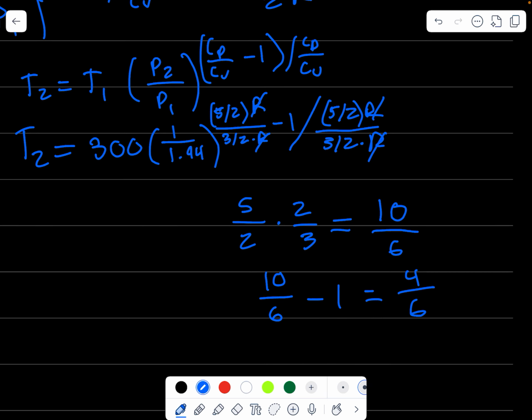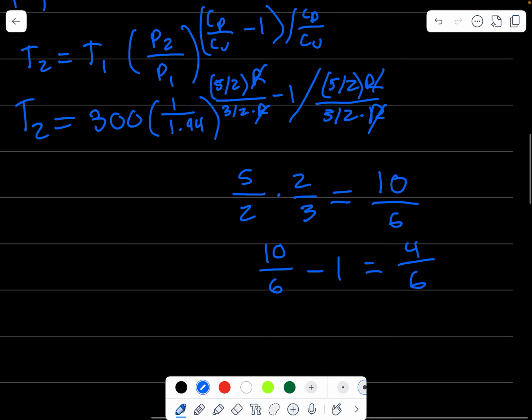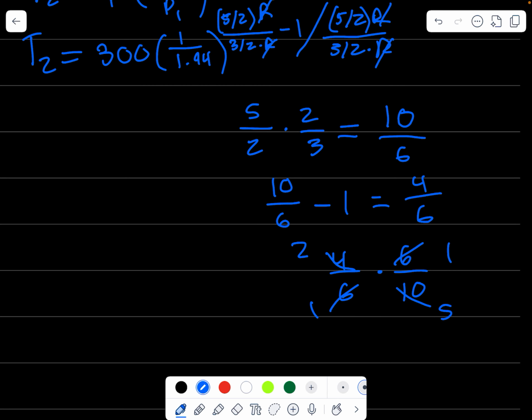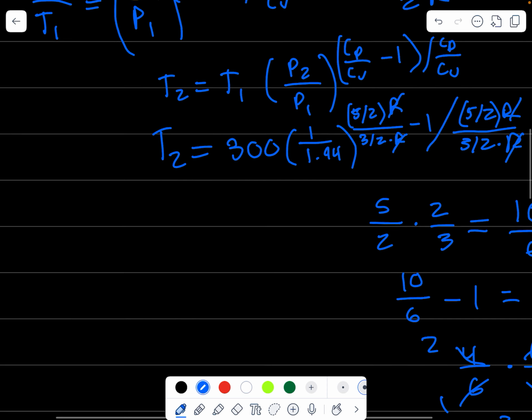And then we have 5 over 2 times 2 over 3, but this time we're dividing. So 4 over 6 times 6 over 10. Do some reducing here, and we end up with this fraction of 2 over 5. And that should equal 0.4 as well.